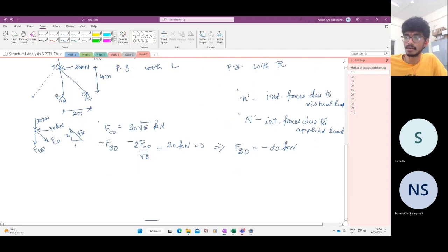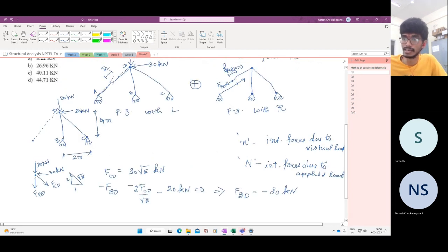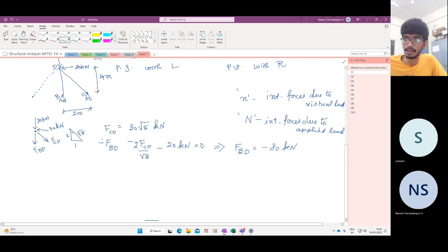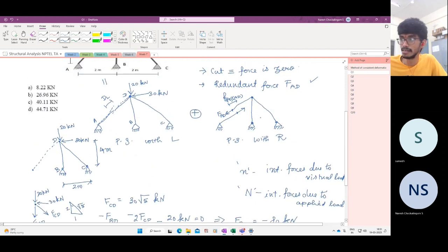Now the task is to find out DL. How do we find DL? We have not applied a virtual load here. We need to determine the displacement, the mismatch created by this removal of restraint.